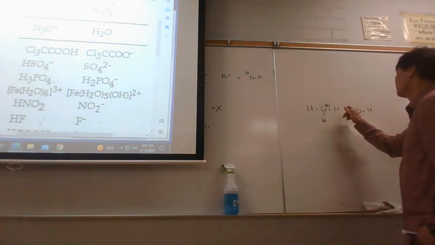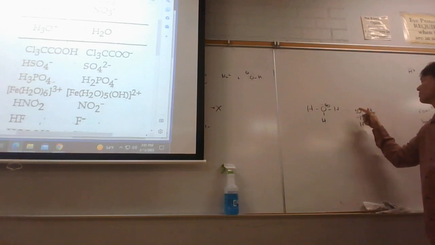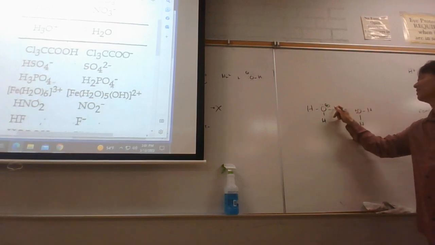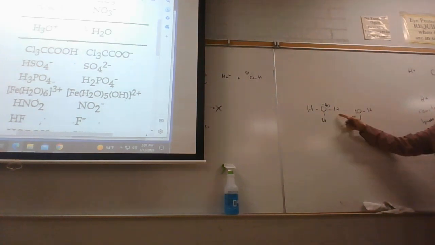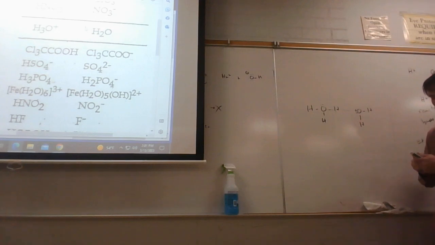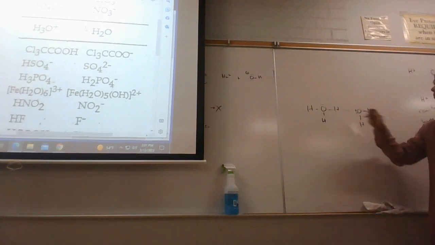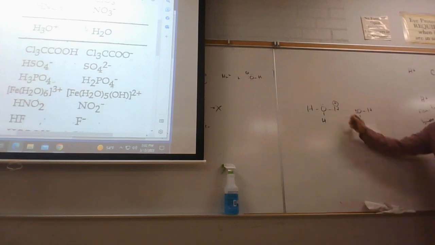Who's going to win the tug of war? This one or this one? They're in a tug of war for this hydrogen. This water's pulling that, this water's pulling that. What do you think is going to result?